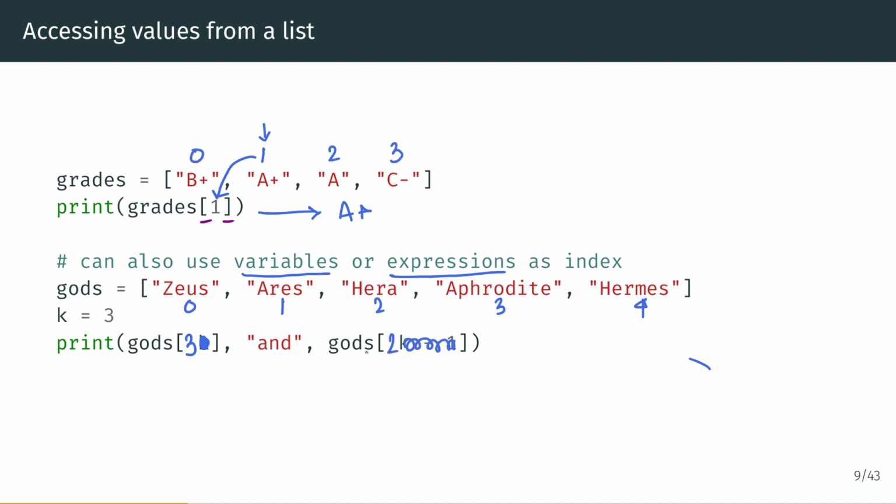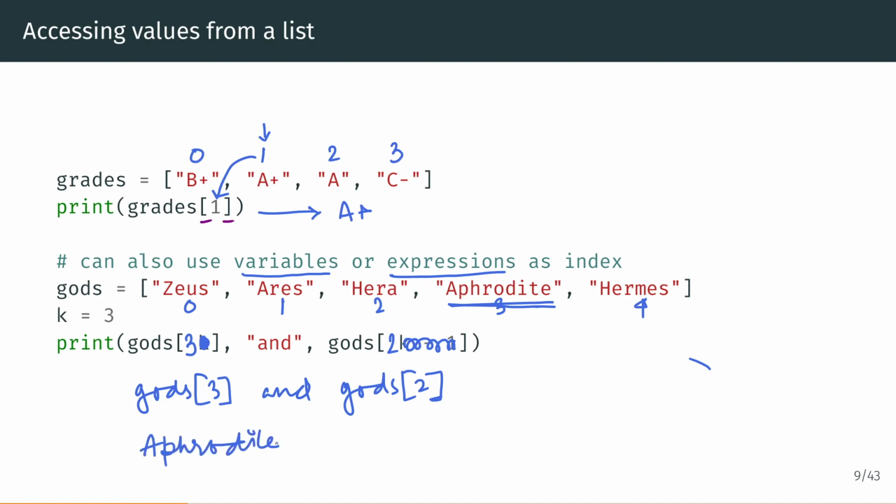So essentially it will print gods 3 and gods 2. Gods 3 would be replaced by Aphrodite, because that's the index 3, and gods 2 would be replaced by the god at index 2, which is Hera. So this would be your output.